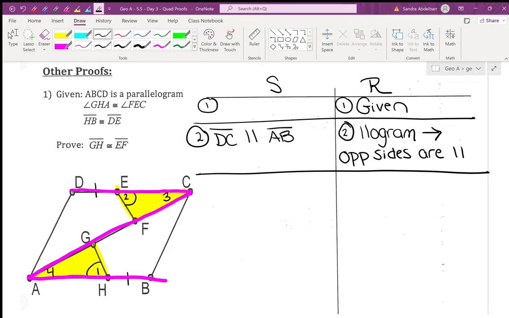All right, so now we named that the opposite sides are parallel. Now we can go on. And now I can say that angle 3 is congruent to angle 4. Who remembers how we write this reason? Why am I allowed to now say 3 is congruent to 4?